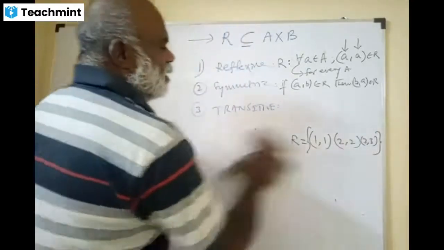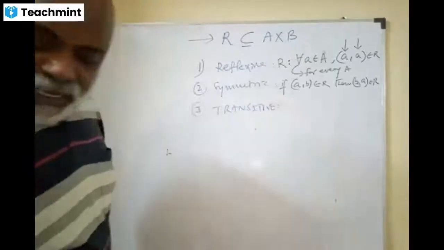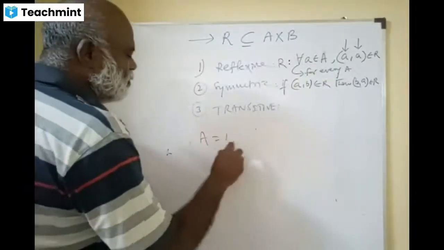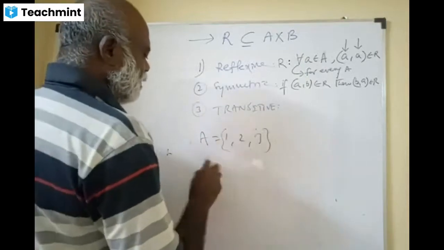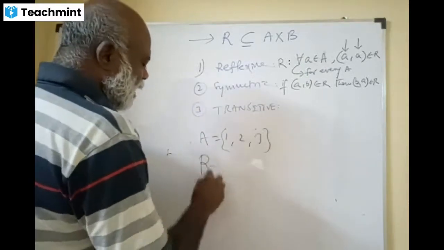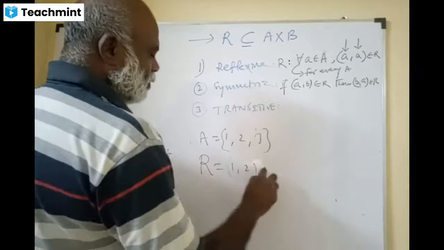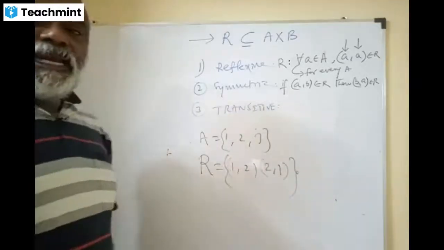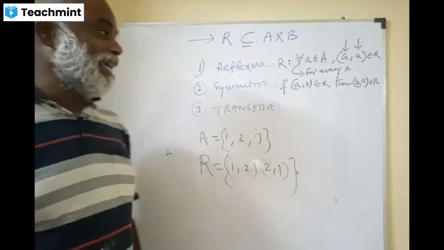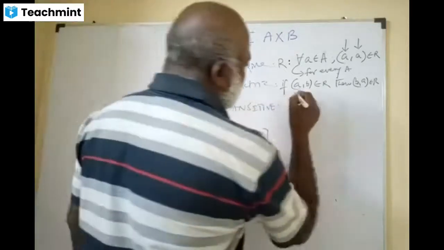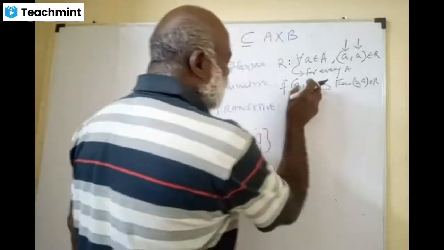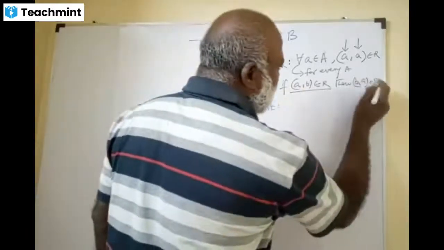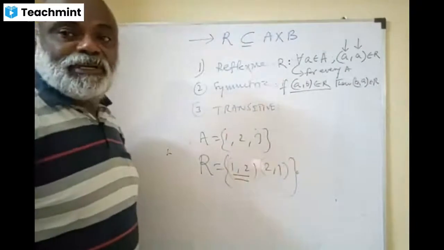As I discussed for reflexive, the same way if A was 1, 2, 3, what about a symmetric relation? R is nothing but 1 comma 2, 2 comma 1. This itself is enough for me. It doesn't say for every a here. See, this is the condition: if there is (a, b) in the relation, there must be (b, a) in the relation.